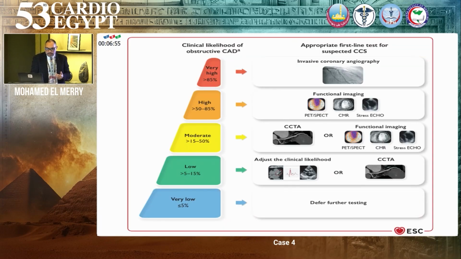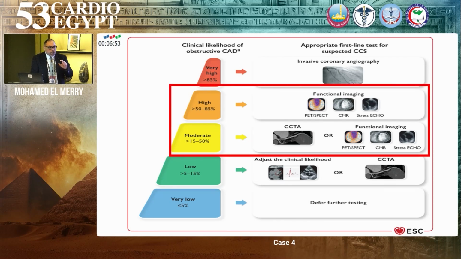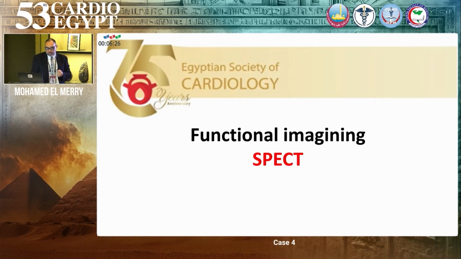And the guidelines show the most important category, the patient with moderate and high risk of developing coronary artery disease: first priority is functional imaging, not just anatomical imaging, such as SPECT, PET scan, CMR, and stress echo, which are still tools to assess patients with high and intermediate risk probability.